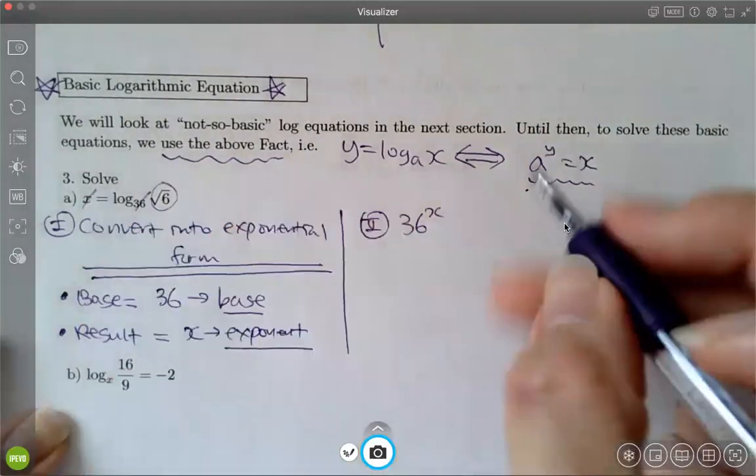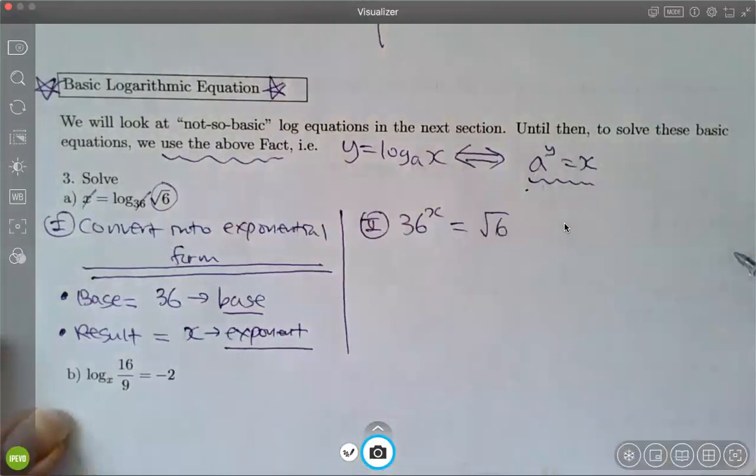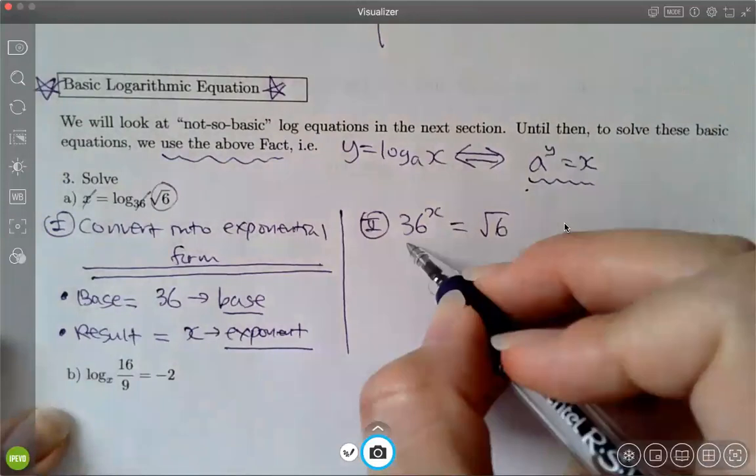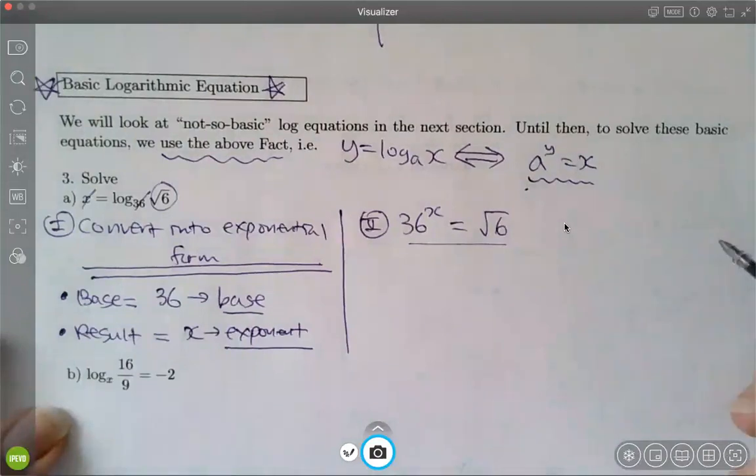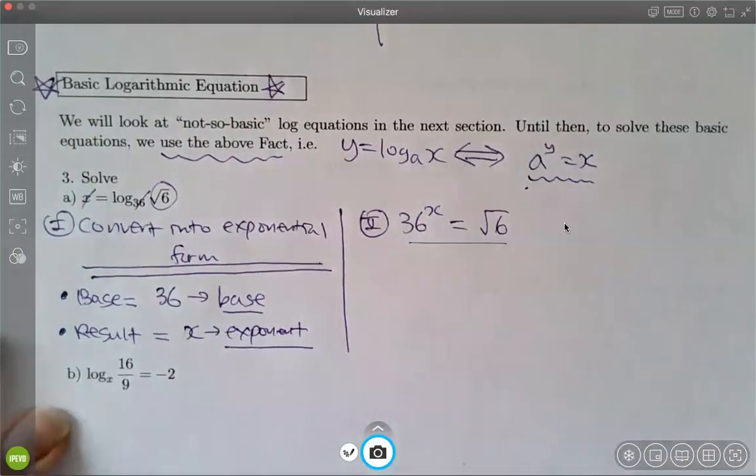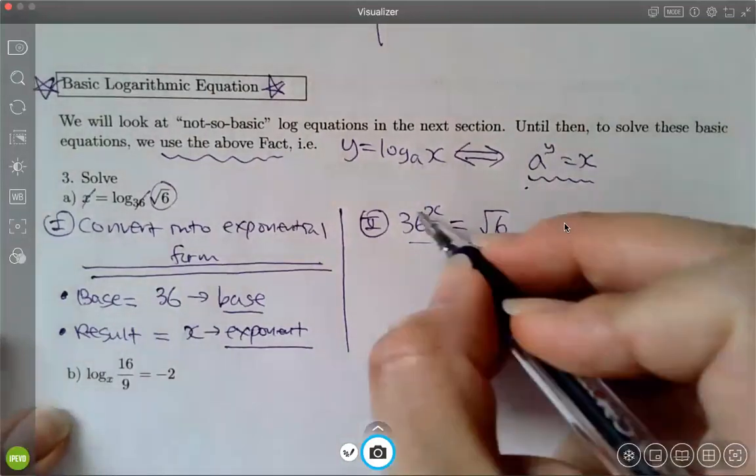Equals square root of 6, right? And now, have we seen this kind of equation before? In the previous section, right? So what's our goal now? Remember what we did at the beginning of the class today. We have to have the same basis, right? And then we can set exponents to be the same. So here, 36 to the power x.